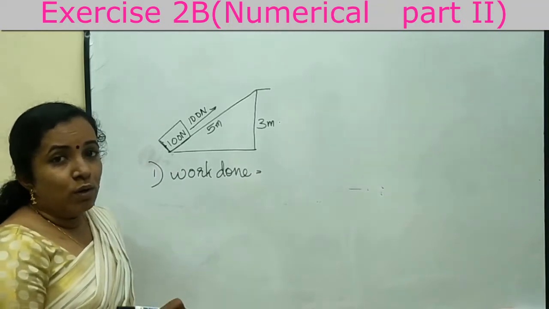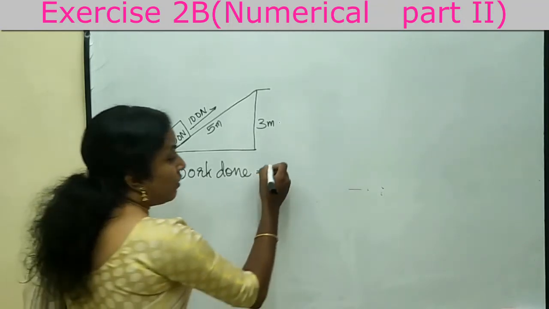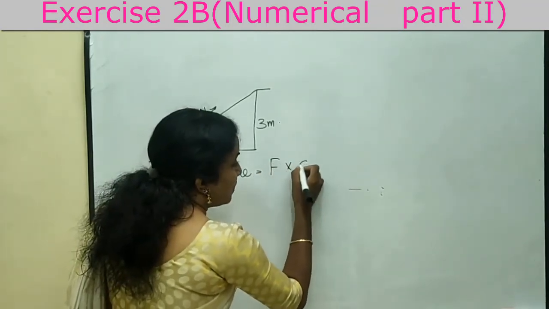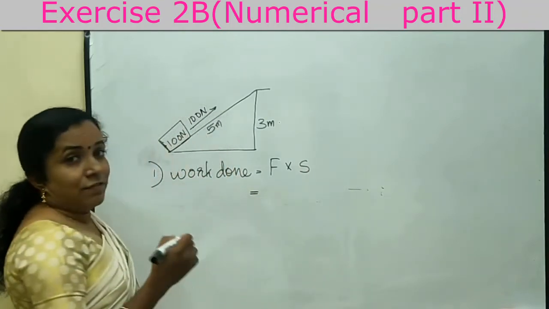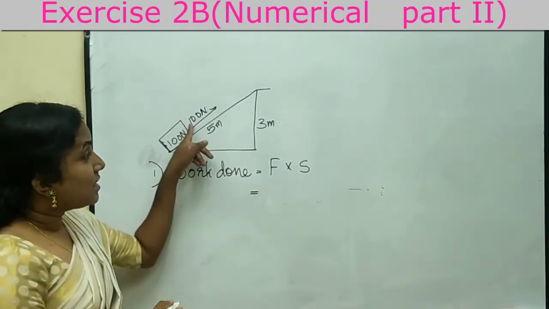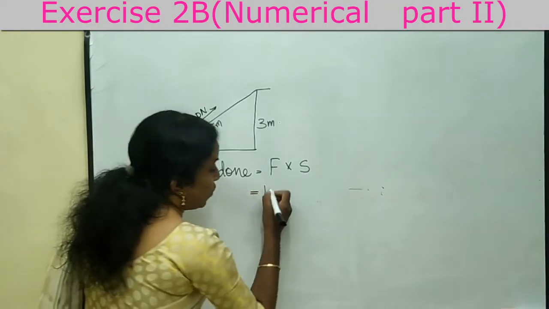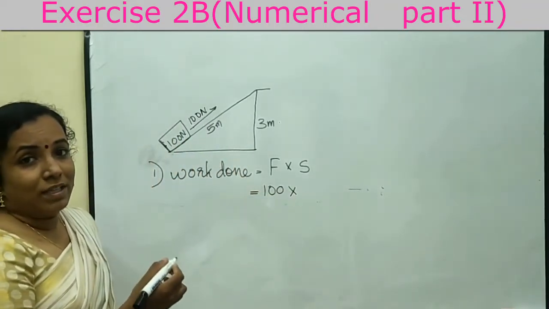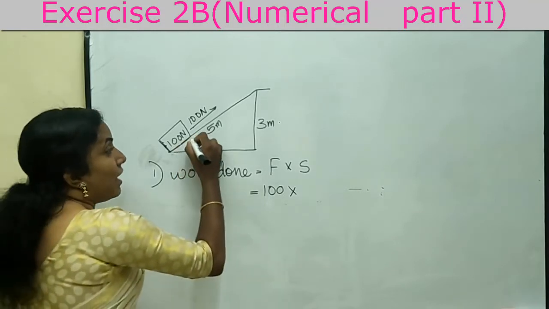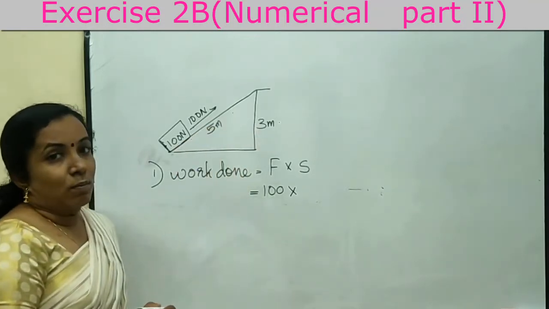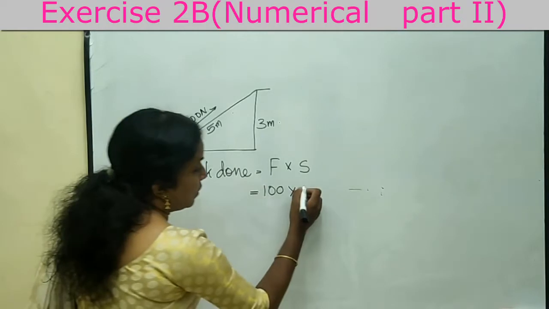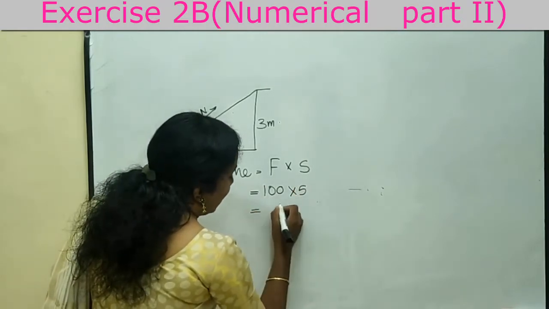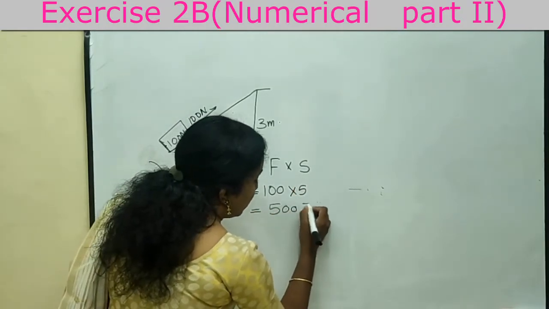As we all know, work done is equal to force into displacement. What is the force given here? It is 100 Newton. So 100 into the displacement travelled by the body, 5 meter along the slope. So it is 5. Hence it is 500 joule.